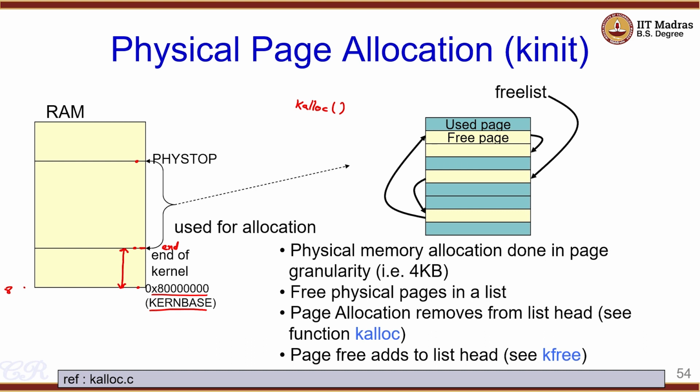And at the end, when this program ends, or this particular page frame is not utilized anymore, the OS would call this function called kfree. So kfree would free this particular 4 kilobyte chunk of memory, right?